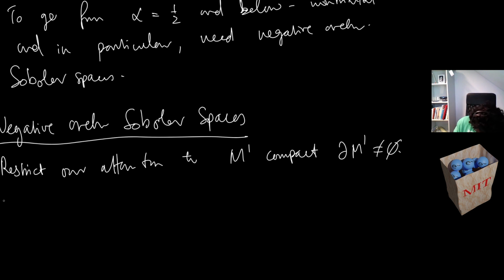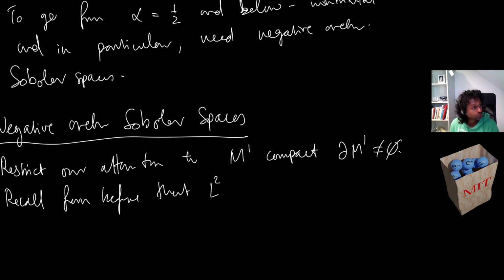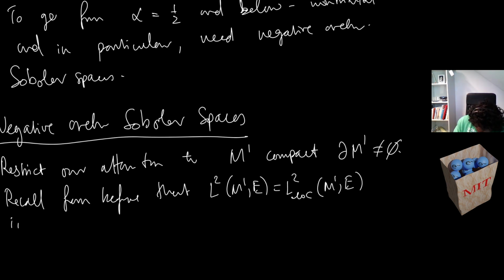So also just recall from before that L2 M prime E is equal to L2 loc M prime E. So this is again independent of both the metric and the measure, right?